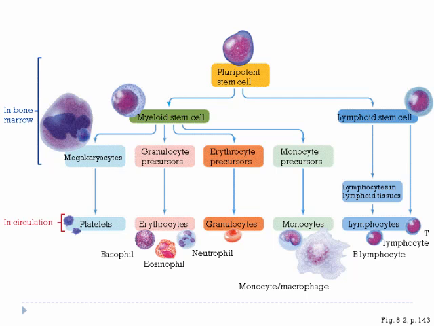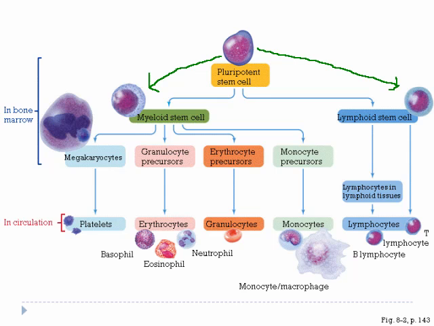What determines what type of cell this cell will become is the presence or absence of different growth factors or chemicals that help this process. The first step in becoming one of these cells is this pluripotent stem cell differentiates either into a myeloid stem cell or a lymphoid stem cell.